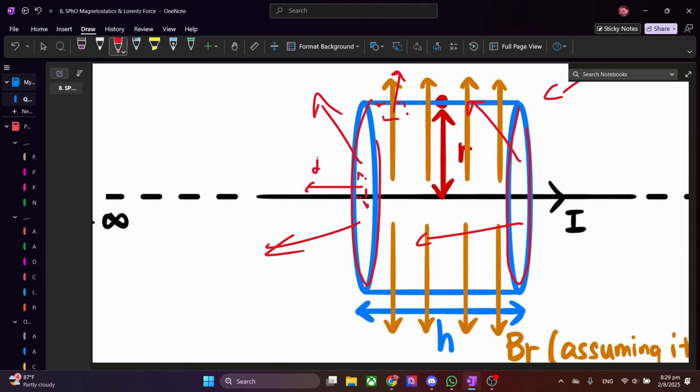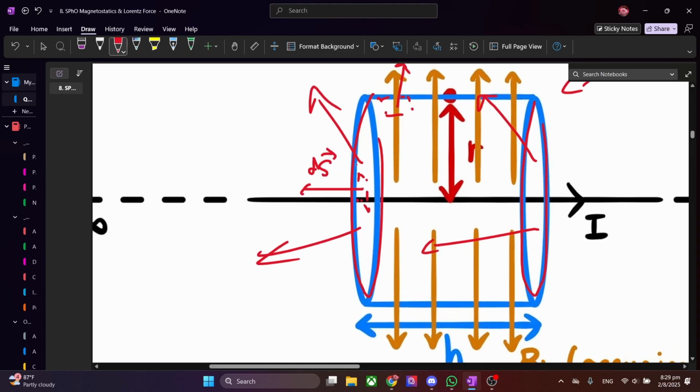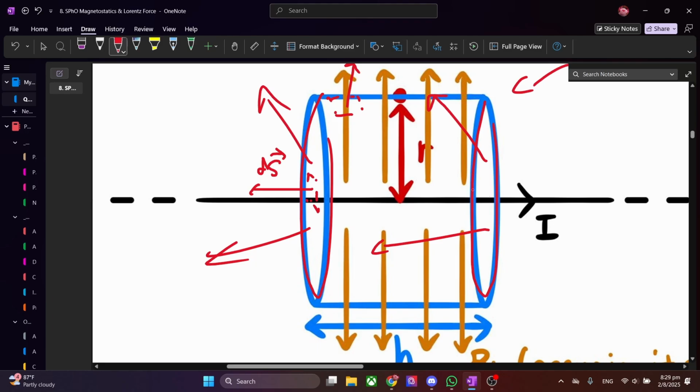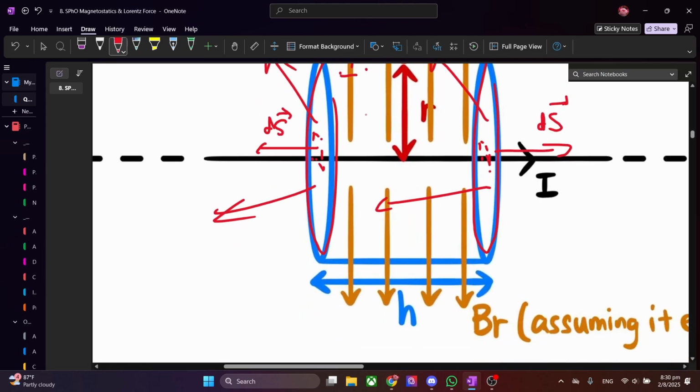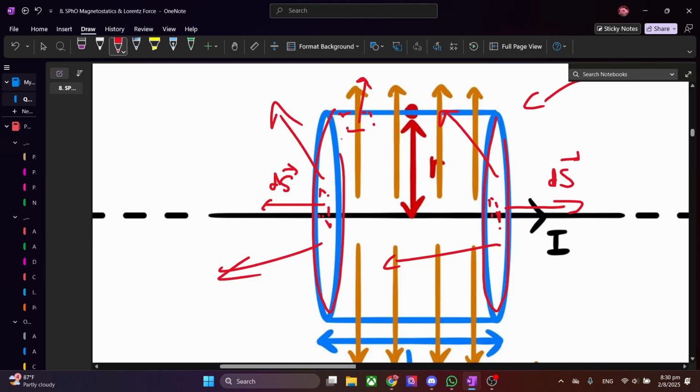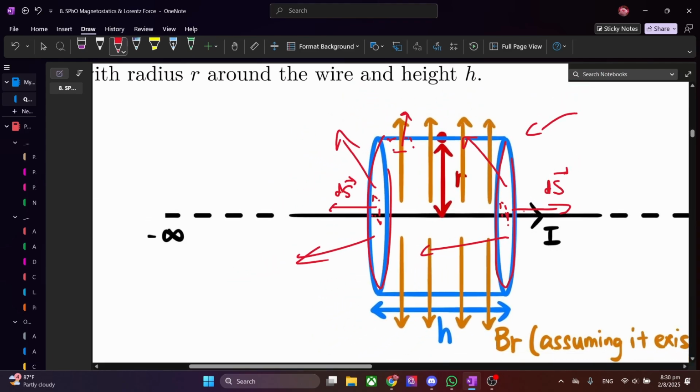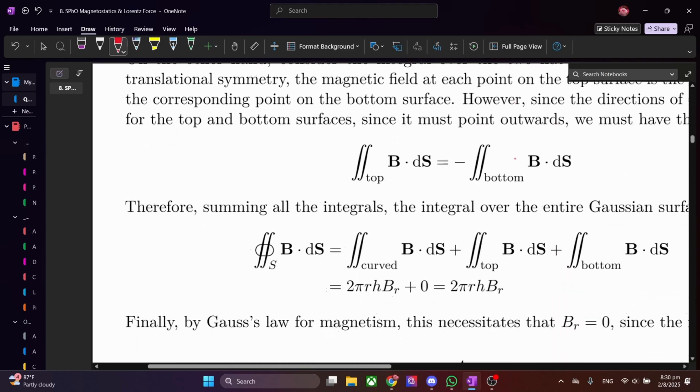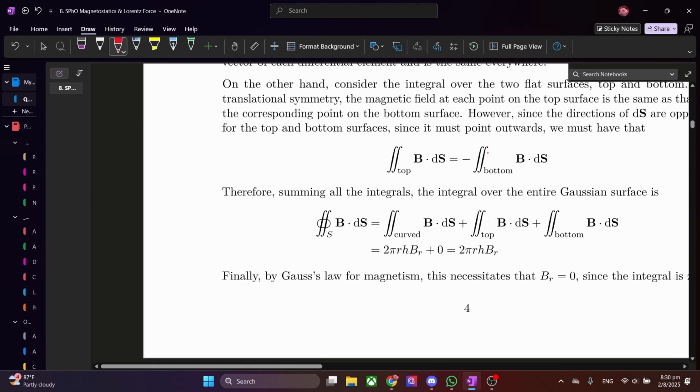However, in this other surface, your area vector points outward like this. So when you take the dot product in both cases, they're going to be negatives. We already showed that the magnetic fields on each surface point in the same direction, but your area vectors are in opposite directions, so your integrals evaluate to be the negative of each other.